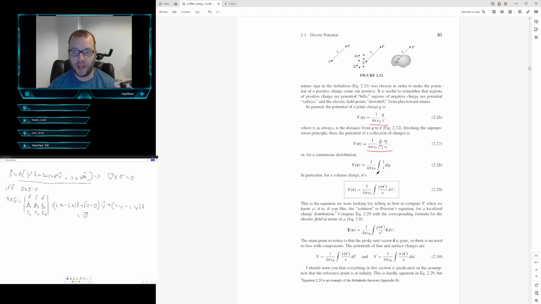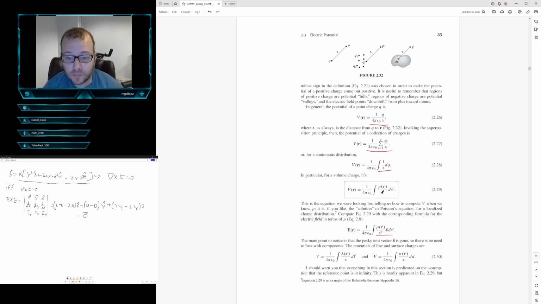But if we have some volume of charge, it's just the volume times the charge density over R. The corresponding electric field from this is given here, which we've had before.